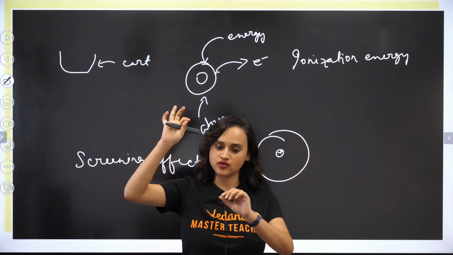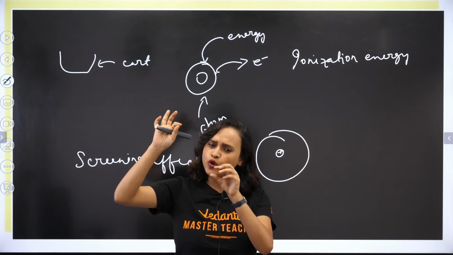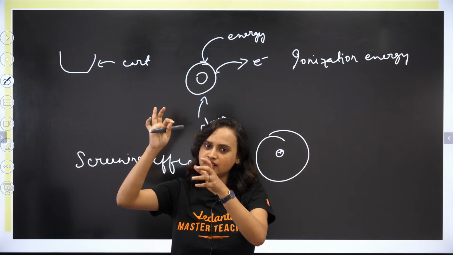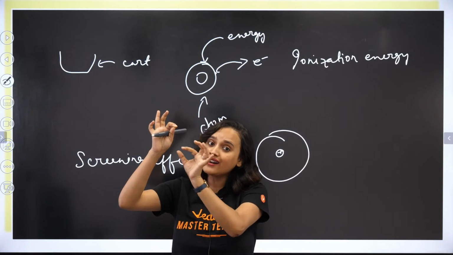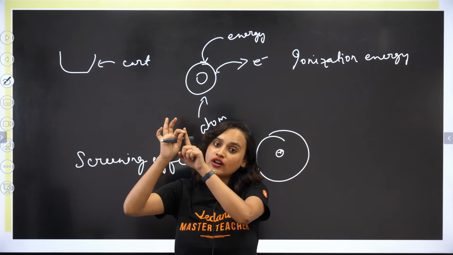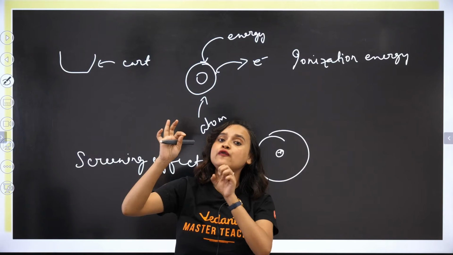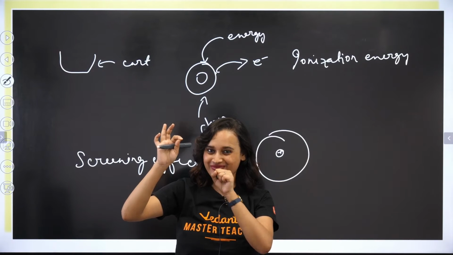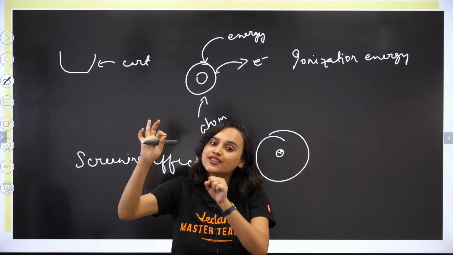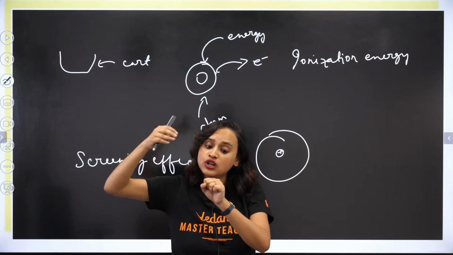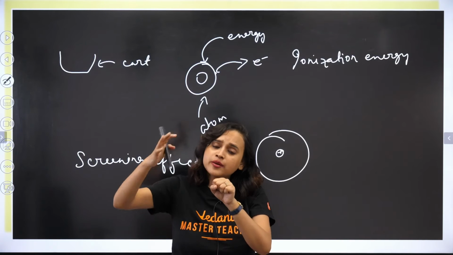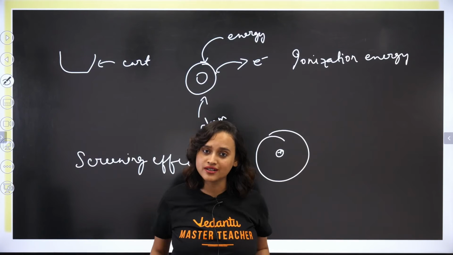Don't you think there are other electrons right here in this empty space also, who are trying to not let this electron have the full force of the nucleus? They are acting like a curtain, like a door for this electron. This electron is not able to feel the full force of the nucleus.